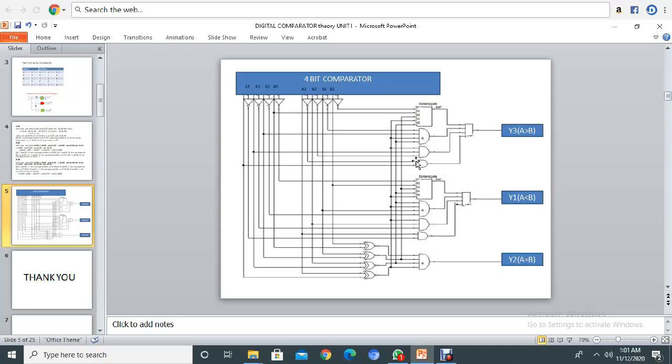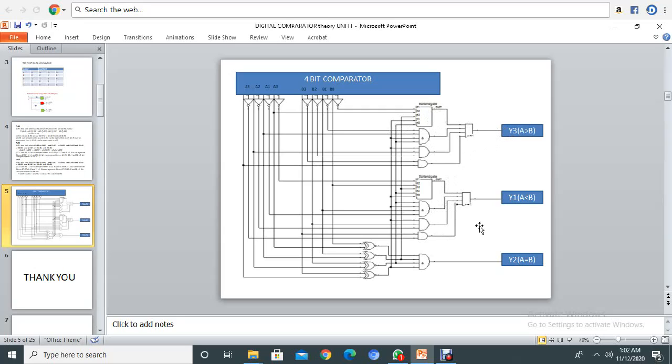Next here, the first input is X3, then A2 B2 bar. Next X3 X2 A1 B1 bar. Here X3 X2 X1 A0 B0 bar. Okay, so it gives Y3.